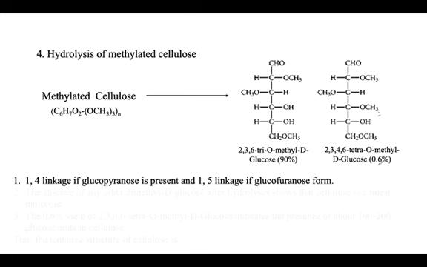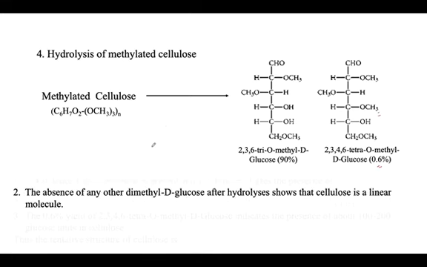Now the other one, that is 0.6%. The first thing is that we are getting only two products. We are not getting a third product. We are not getting a di-substituted product. If a dimethyl D-glucose had formed, we could have said that the molecule has a branched chain structure.